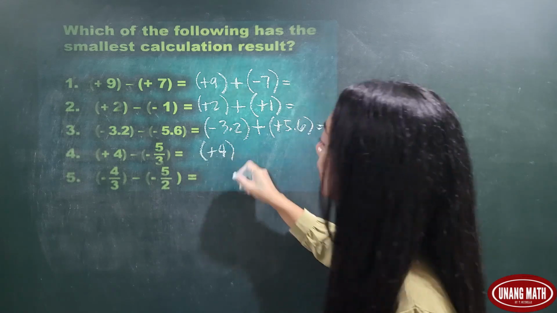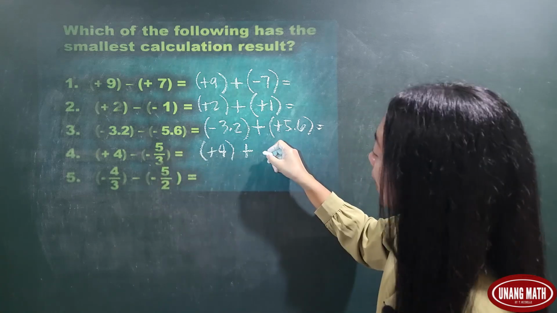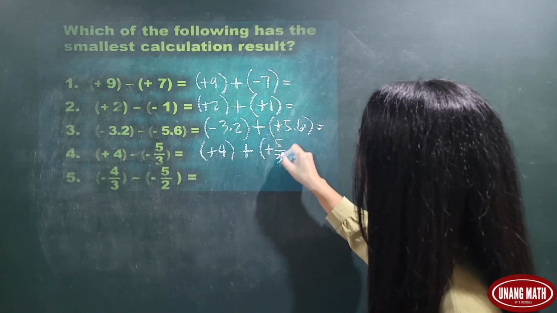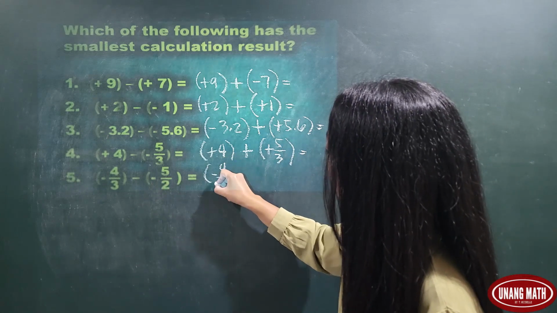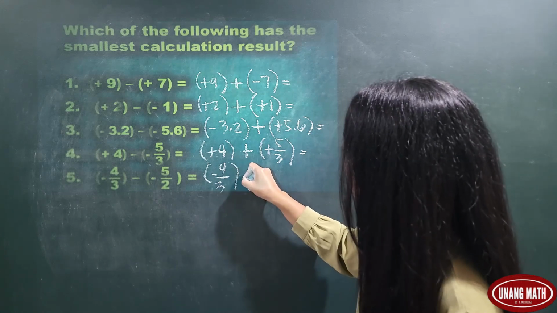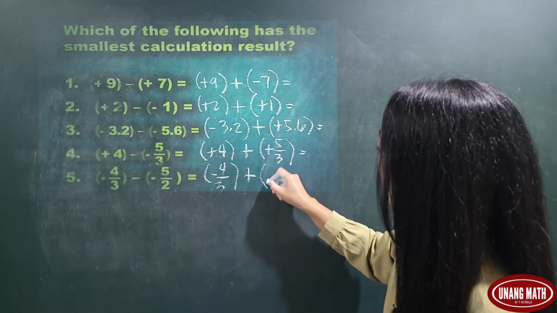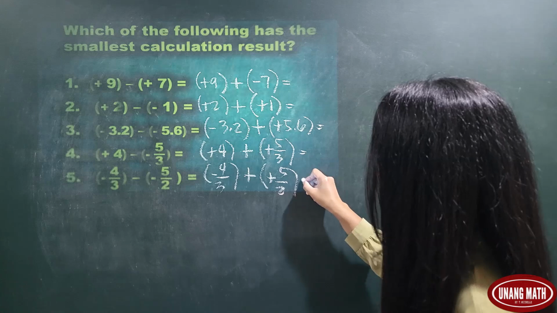Positive 4, minus sign becomes plus sign. Negative 5 over 3 becomes positive 5 over 3. Number 5, negative 4 over 3, minus sign becomes plus sign. Negative 5 over 2, change direction, becomes positive 5 over 2.